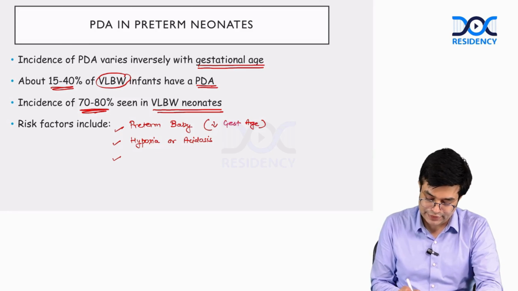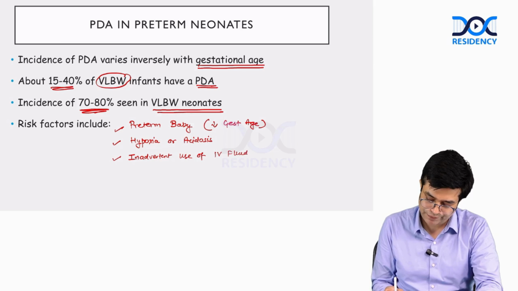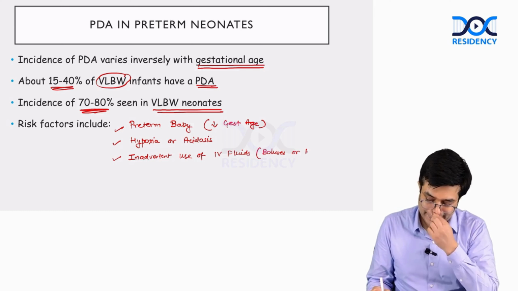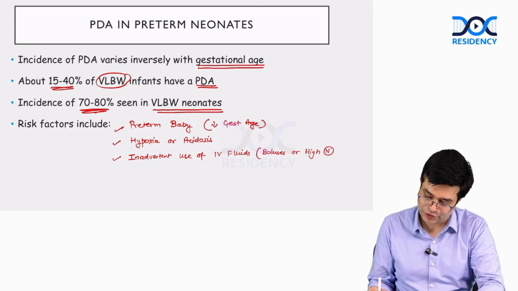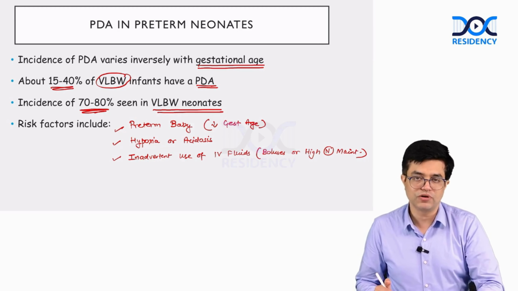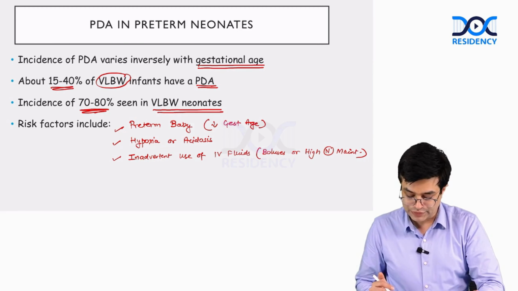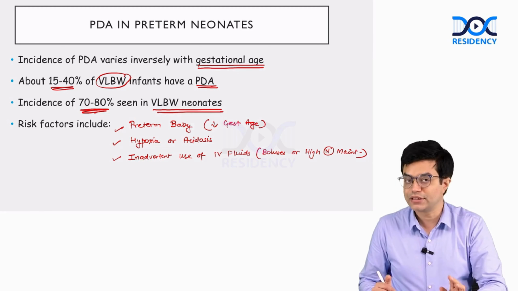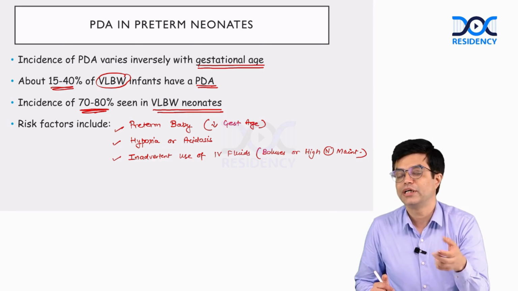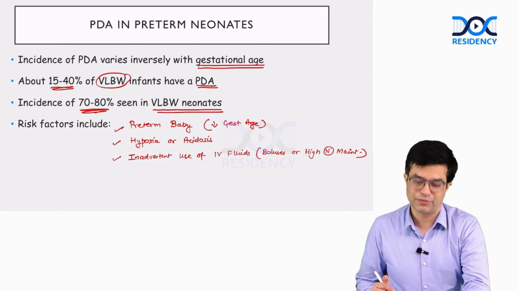Thirdly, in case there has been an inadvertent use of IV fluids, boluses or high normal maintenance volume, which has a tendency to produce a degree of volume overload, and that can cause delayed closure of the ductus arteriosus in some patients. In fact, sometimes physiological closure has happened, and it can open up again in case repeated fluid boluses are given to the patient.